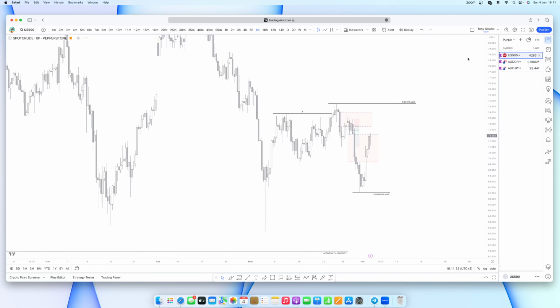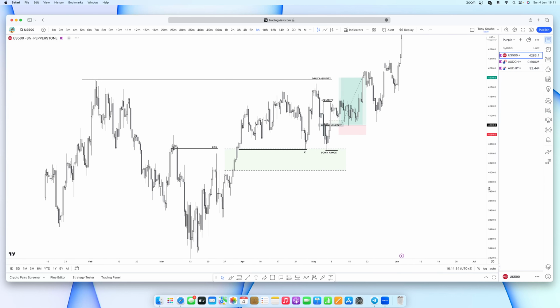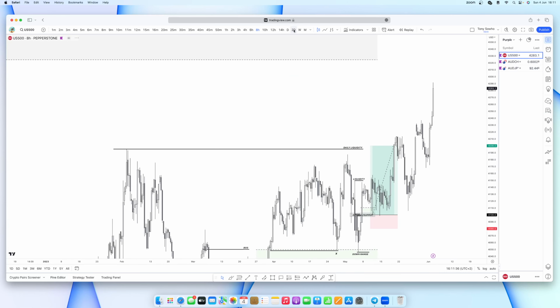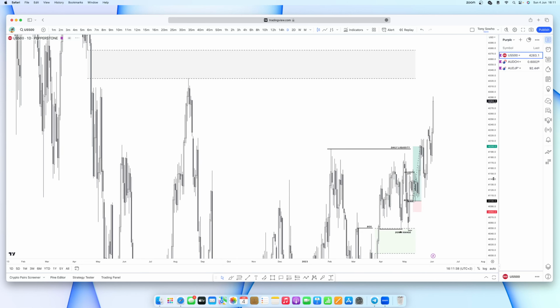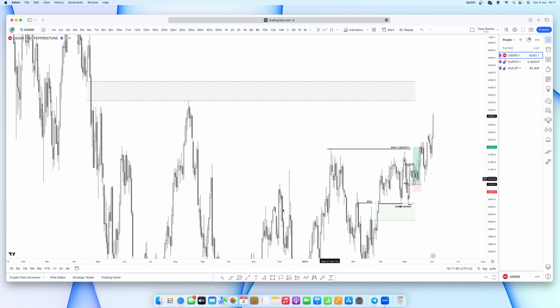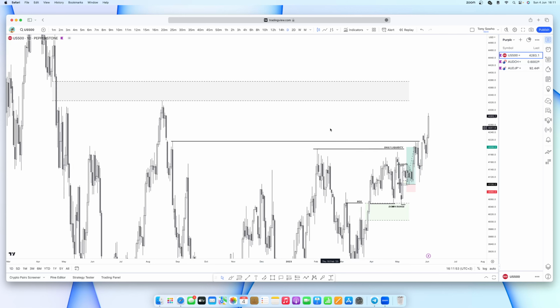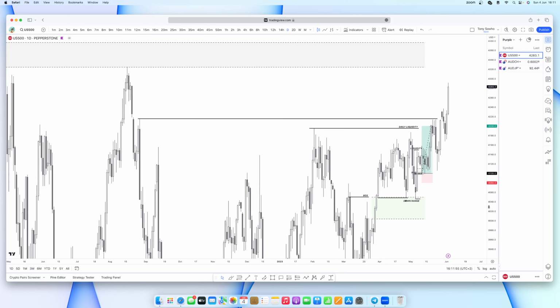And then for the US 500, on the daily time frame, I was looking at price taking out this liquidity. You see this liquidity here, all of this. So I had it in mind when I was doing the chart review before market open.